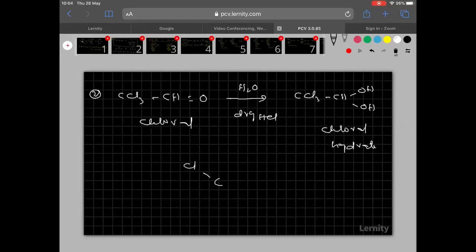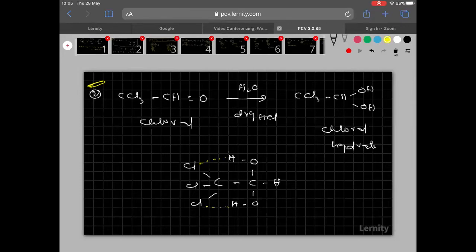What is the structure of the chloral hydrate? For the first carbon, 3 chlorines are there. Clear? For the second carbon, 1 hydrogen, 2 OH groups. Remember, this is one of the very important examples. Why? By this example only, we come to know that intramolecular hydrogen bonding is possible with chlorine also.